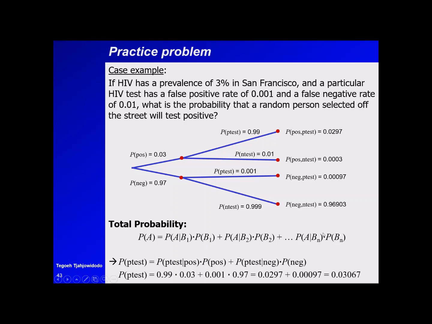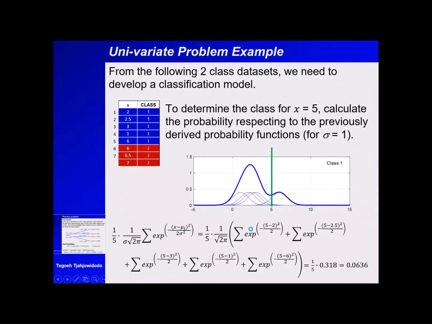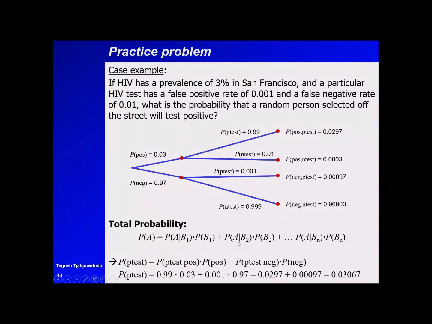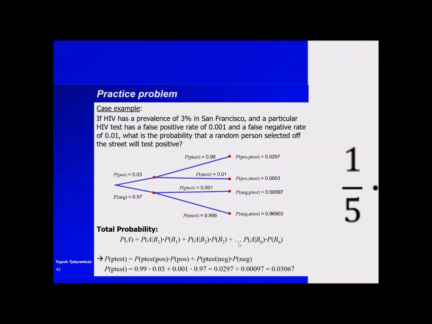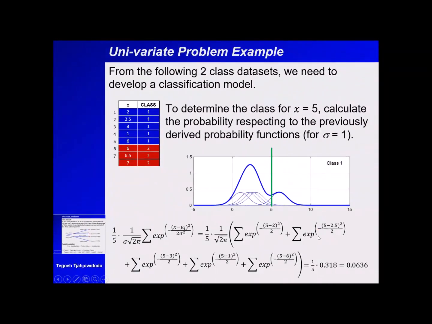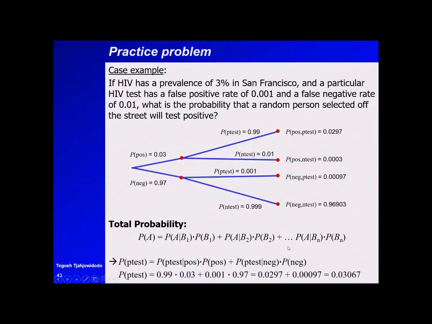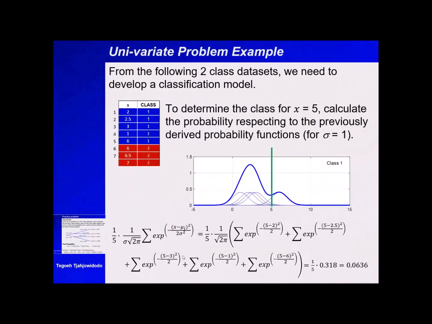So taking this total probability calculation analogy, P(A|B1) in this slide, P(A|B2) basically is the second term, P(A|B3) basically is the third term, and so on and so forth.